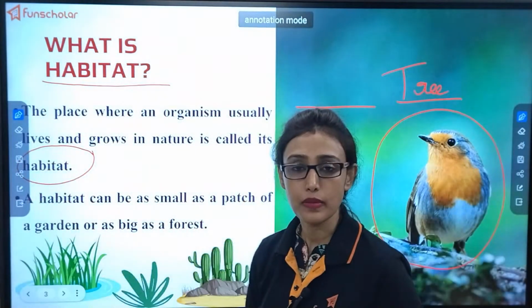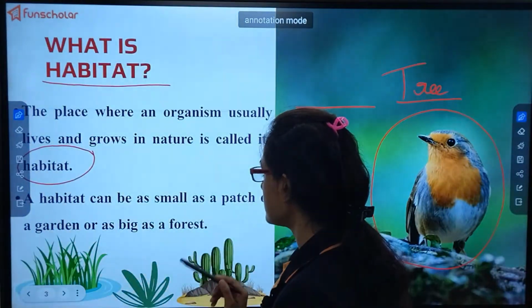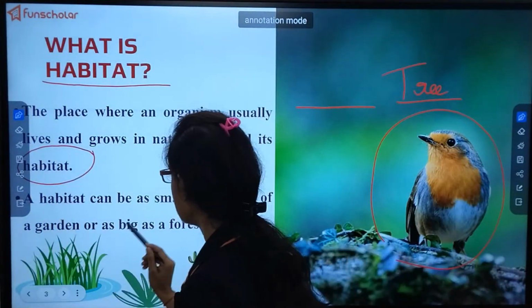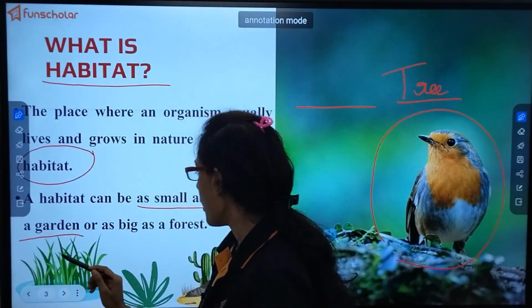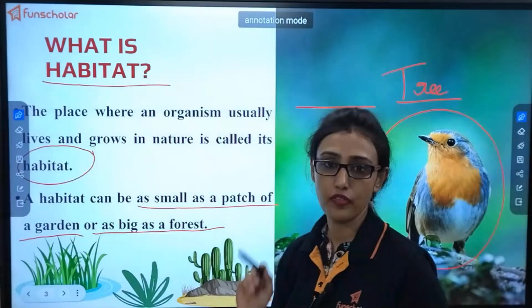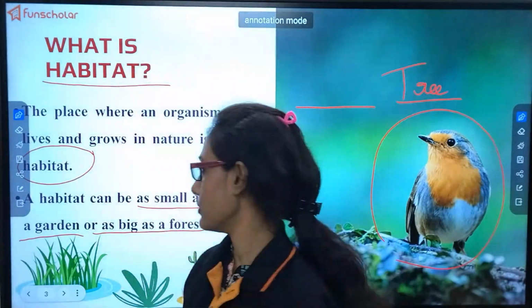I have explained the terminology just now. A habitat can be as small as a patch of garden or as big as a forest, right?